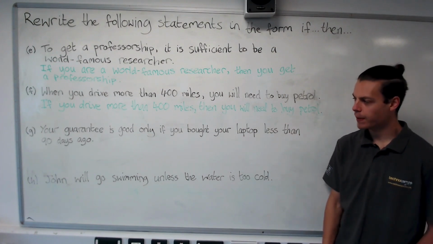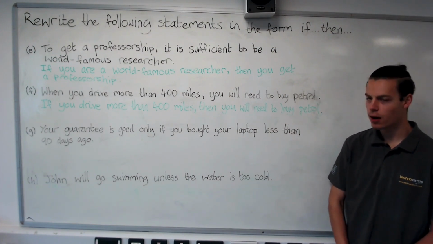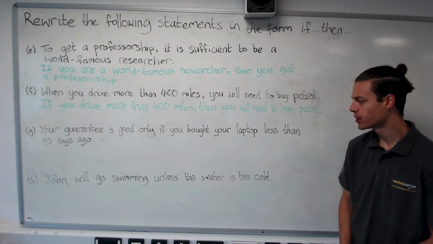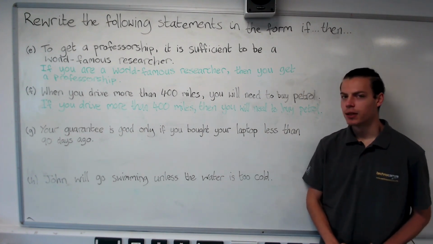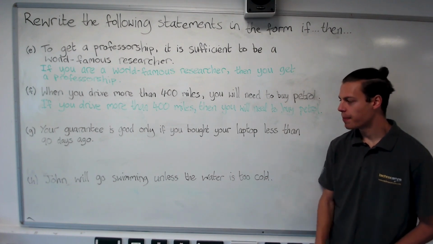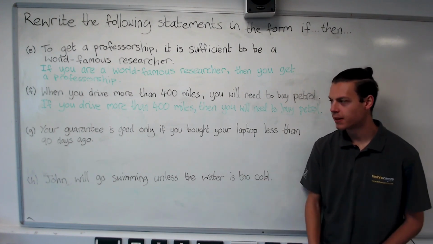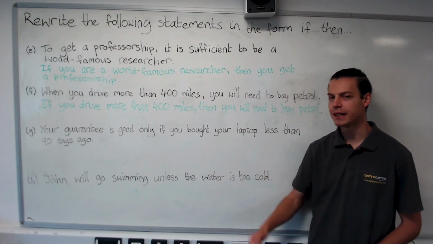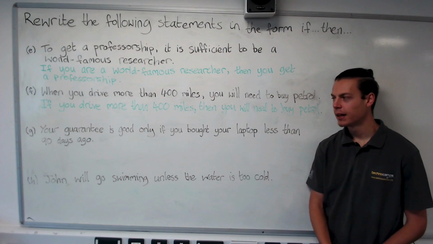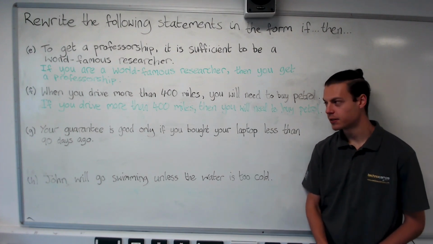G says, your guarantee is good only if you bought your laptop less than 90 days ago. So what this is saying is that having bought your laptop less than 90 days ago is a necessary condition for your guarantee to still be good, okay? Now, it's not a sufficient condition, right?